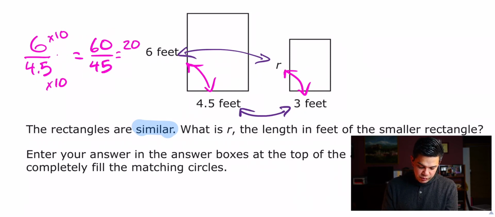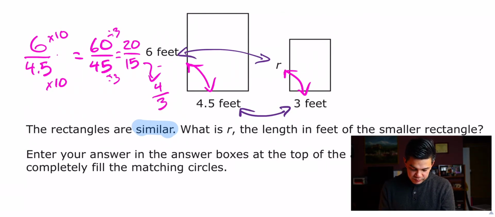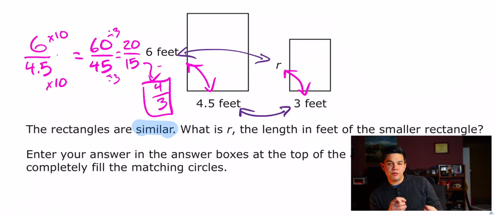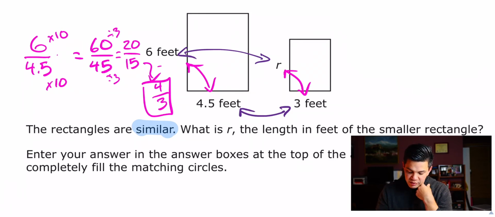So I'm going to take 3 out of the top and 3 out of the bottom, and I'm going to end up with 20 over 15, right? And it looks like they have a factor of 5 too. So if I divide 5 out of the numerator and denominator, I'm going to get 4/3. So the number that relates them to each other is either 4/3 or 3/4. This is the common ratio they have depending on which sides you're talking about.